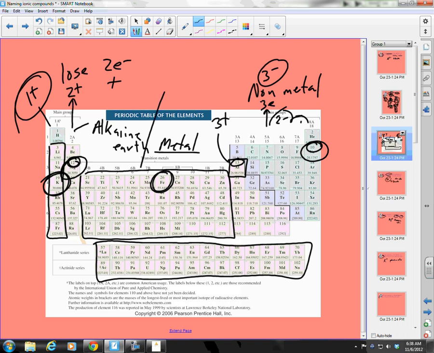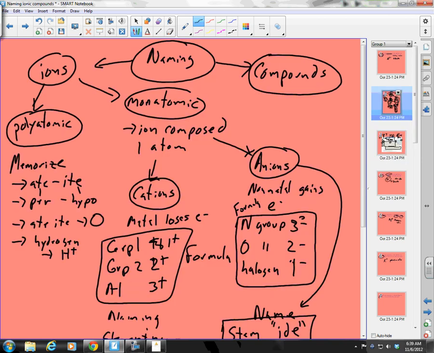These guys can form multiple cations. That means they can form more than one type. They can form +1, +2, or +2, +3, or +3, +4, +5, or +2, +3, +4. It all depends on the specific element. So let's write down some notes here.